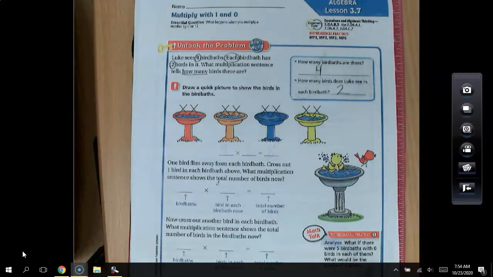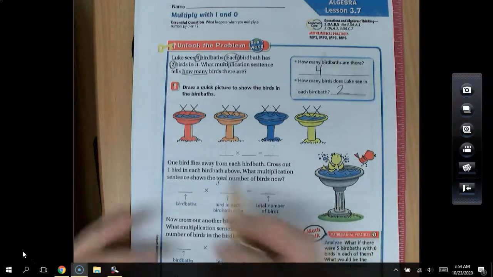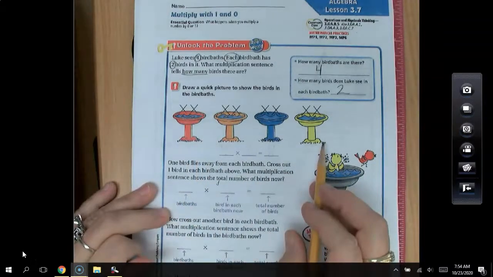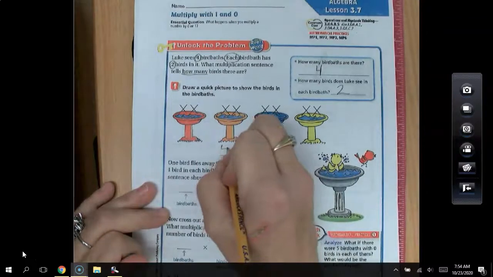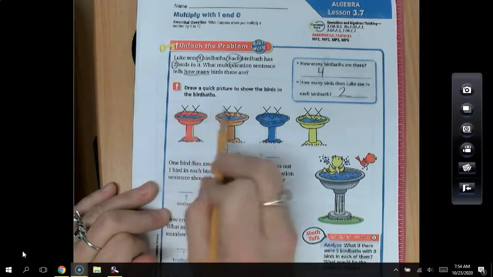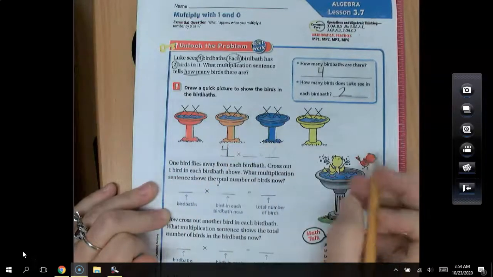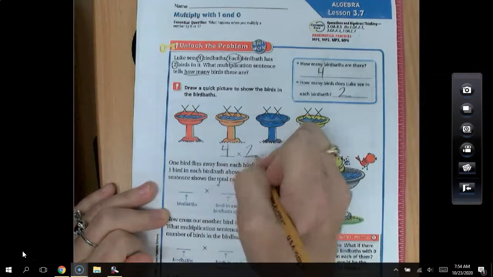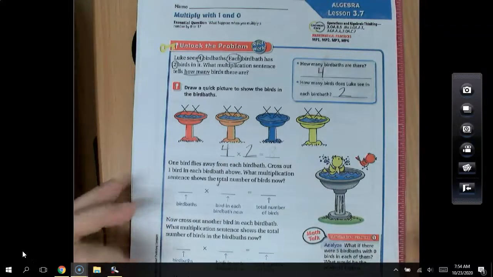So they want us to look at this picture and write a multiplication sentence. How many bird baths do we see in our picture? 4. And we see that there are 2 birds, which is represented by the X's, in each bird bath. And 4 times 2 is what?